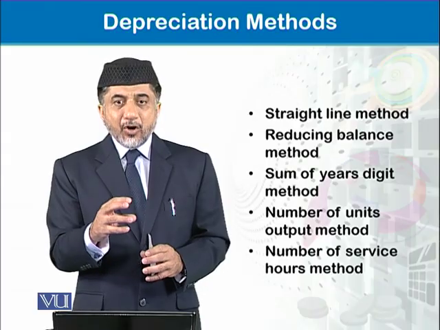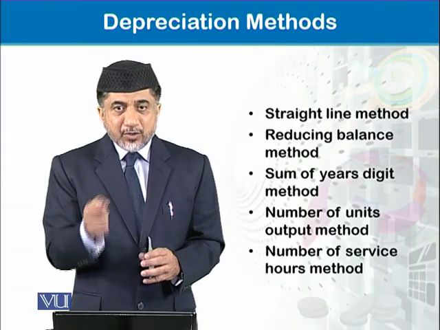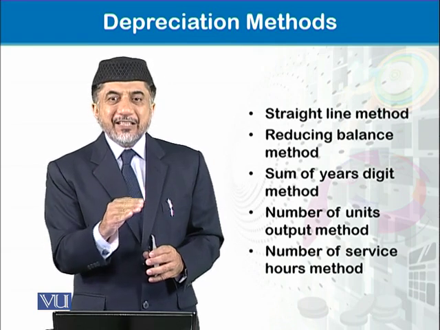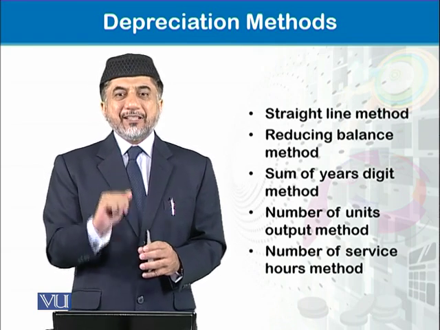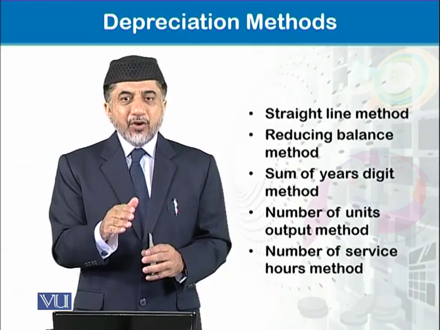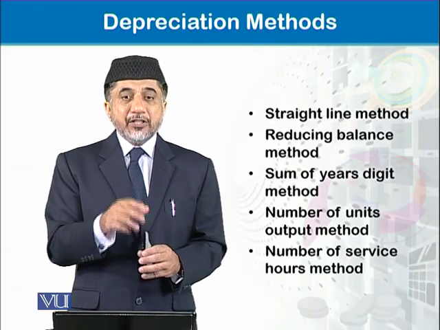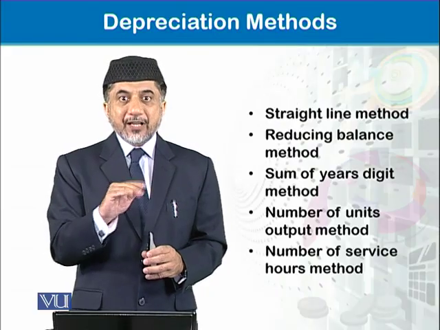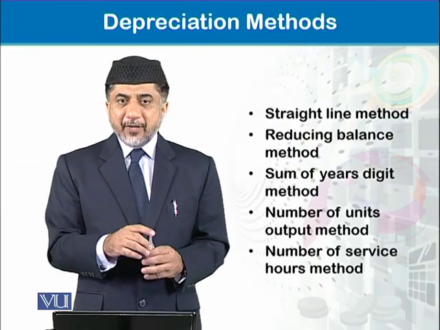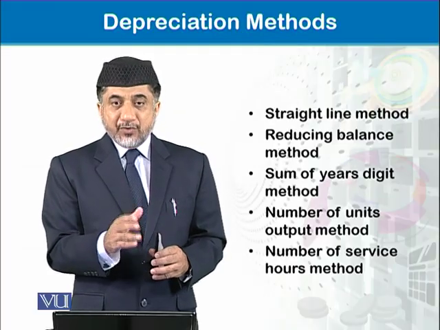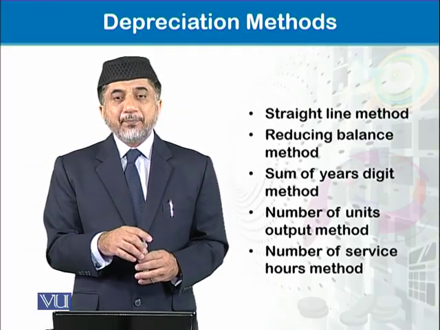Therefore, the economic benefit associated with the cost of the asset will be taken as reduced over the years. So for this, we will use the reducing balance method, and for furniture, we will use the straight line method because their repair and maintenance is not required as much as we require for an automobile.